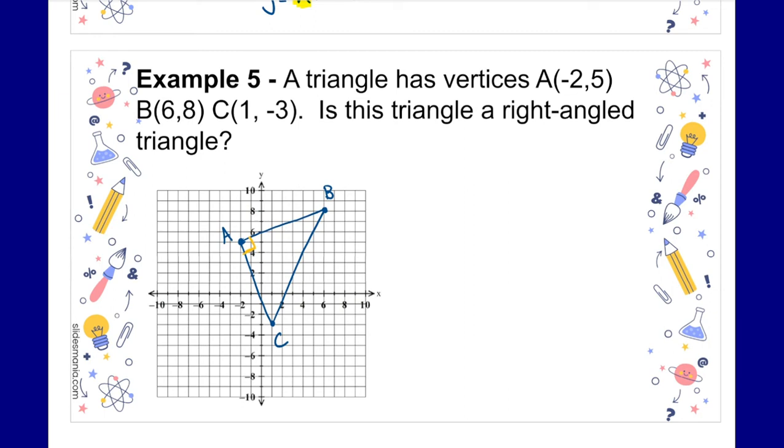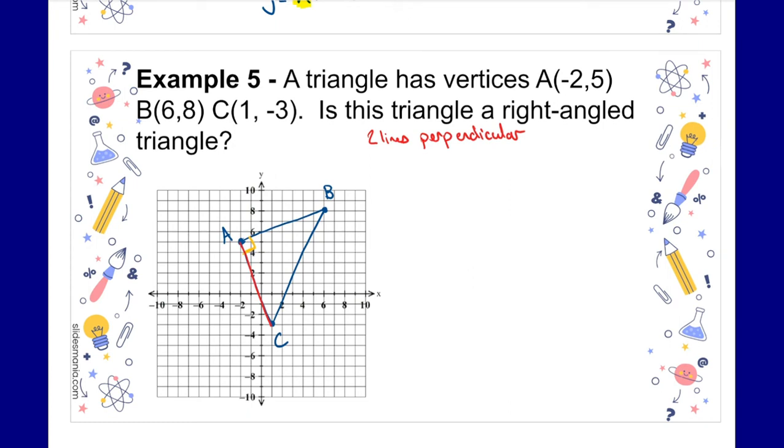Because I have a right angle between these two lines, the line AC and the line AB, because they make a 90-degree angle, that means they should be perpendicular. So again, when we have a right angle, that means two lines are perpendicular. So now I just need to check if these two lines are perpendicular.